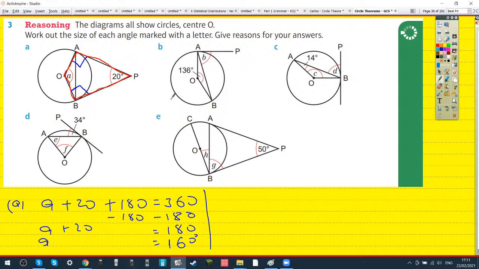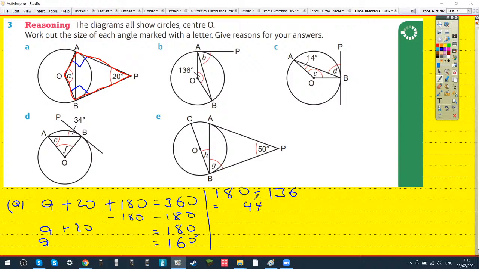And so you need to figure out what A is. So you know O is 136 degrees, and A and B are identical. If you do 180 minus 136, it is 44.